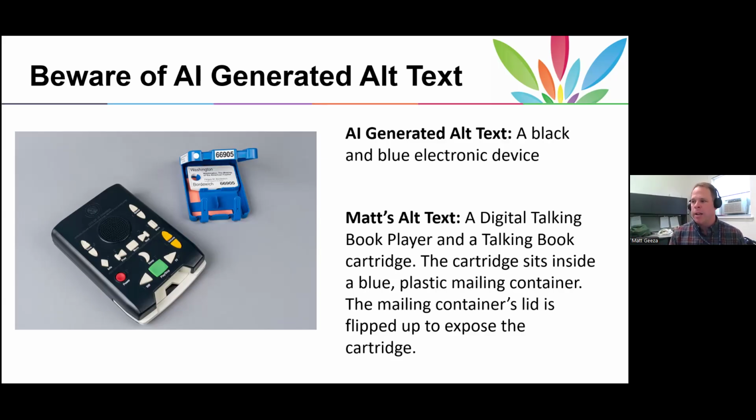But if we wanted to have some additional information, we could go on to the next sentence that says the cartridge sits inside a blue plastic mailing container. The mailing container's lid is flipped up to expose the cartridge. So sentences 2 and 3 are optional, but depending on the context in which we were using this image, it may be helpful to have that additional information.